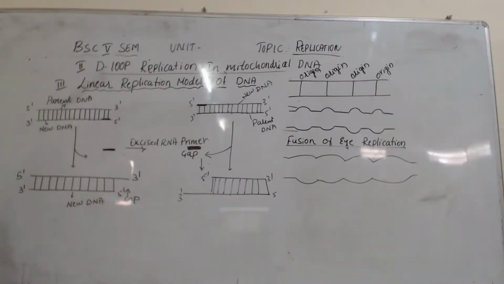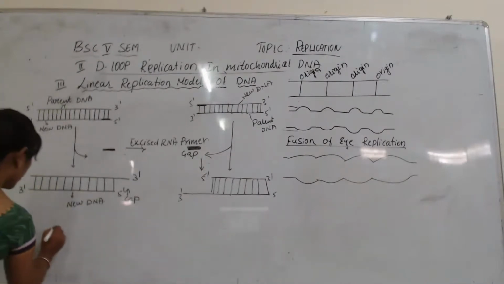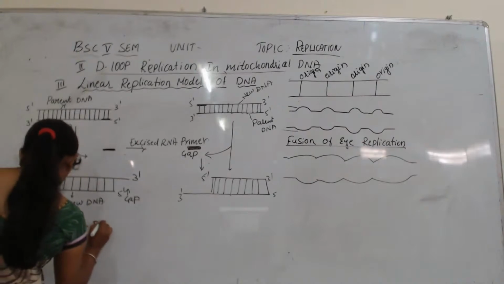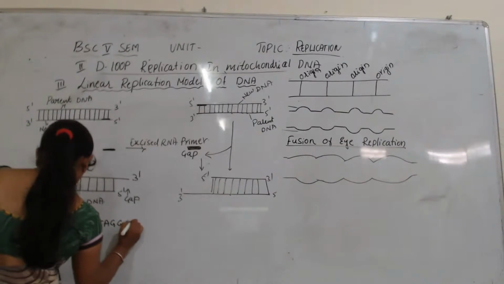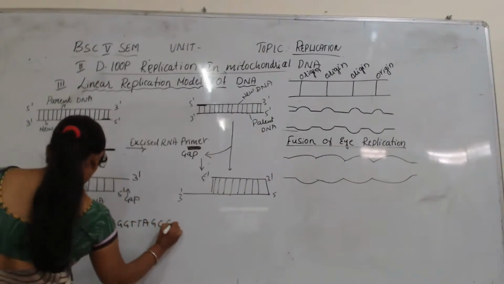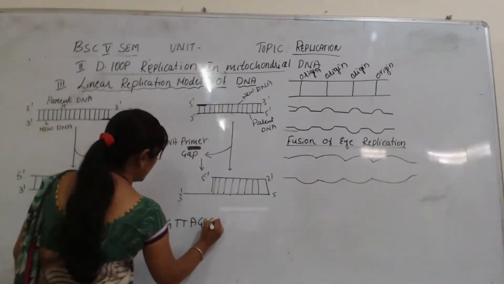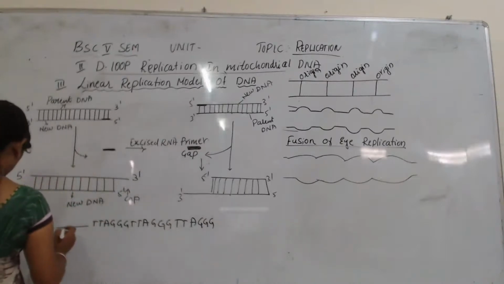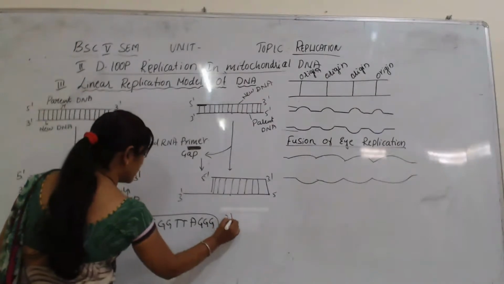Now in the linear model we have seen this, right? What is the coding here? You can see, think of this as a strand. We can write T, A, G, G, T, T, A, G, T, A, G, G. This is the telomere at the 3 prime.